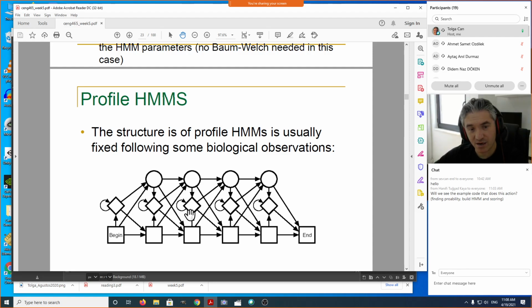There are three incoming arrows: one from itself, a self transition, one from its corresponding match state, and one from its corresponding delete state. So it's possible to precede an insert state with a delete state. This was not given as a term in the second term for the insert states.